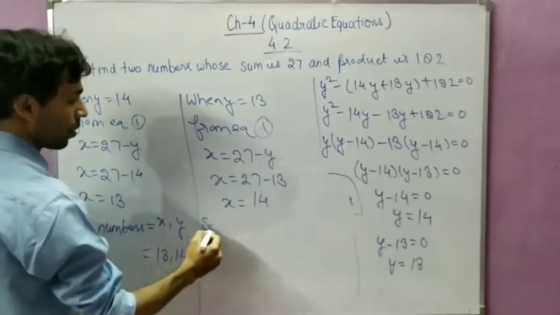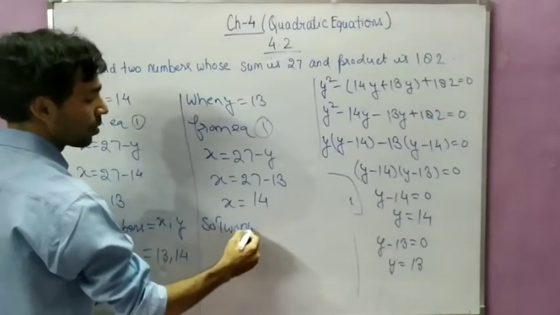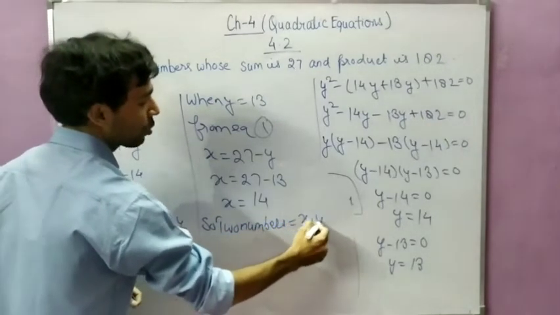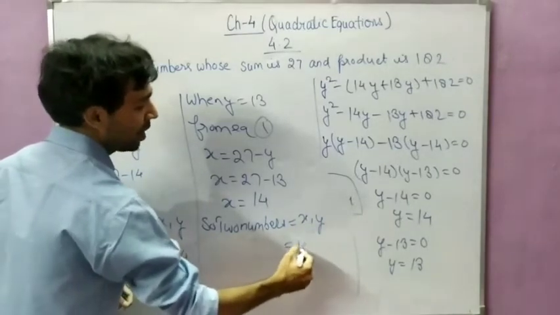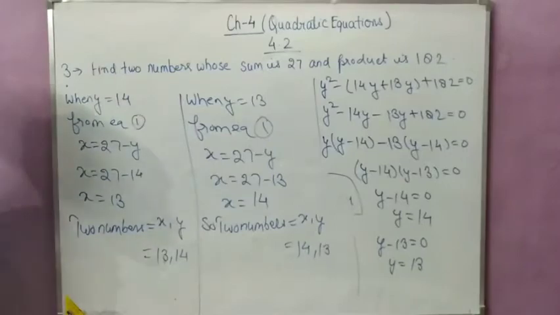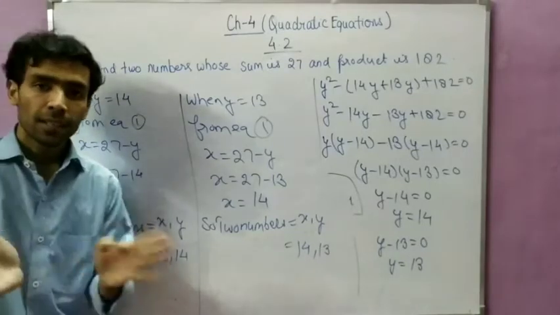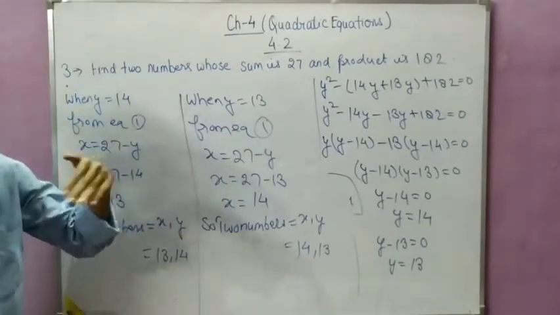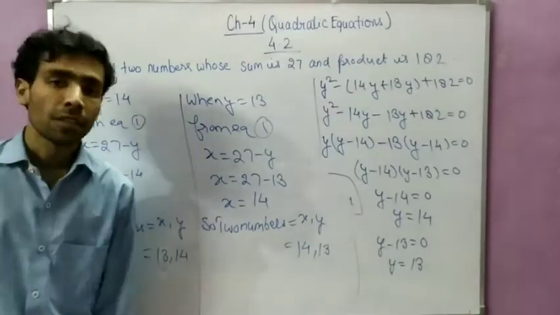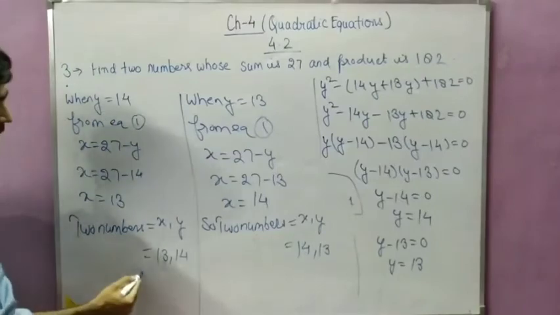So two numbers were x and y. So in this case, answer will be 14 comma 13. Okay. So answer is same, but the order is different. When y will be 14, x will be 13. When y will be 13, x will be 14. So this is our answer, 13, 14.